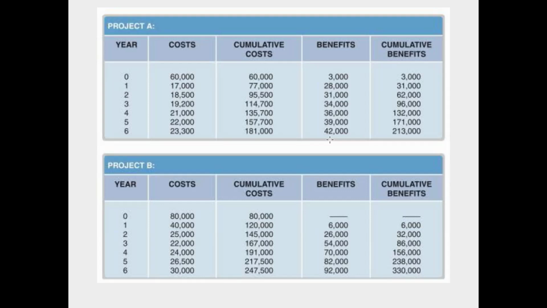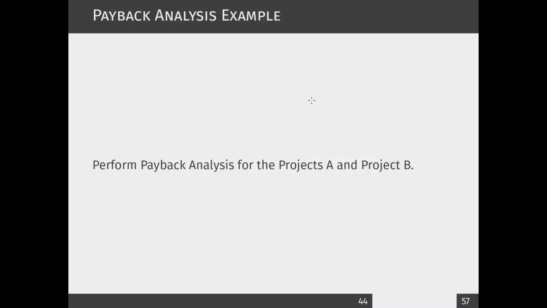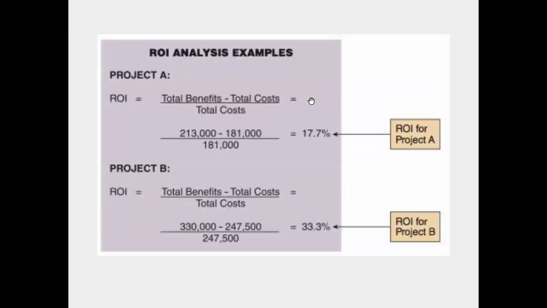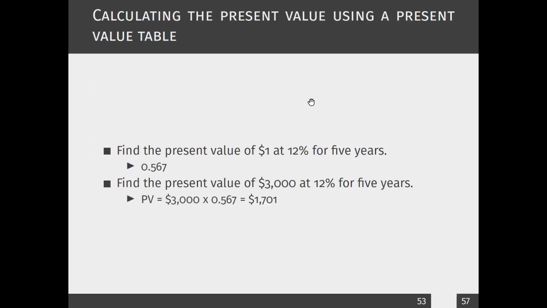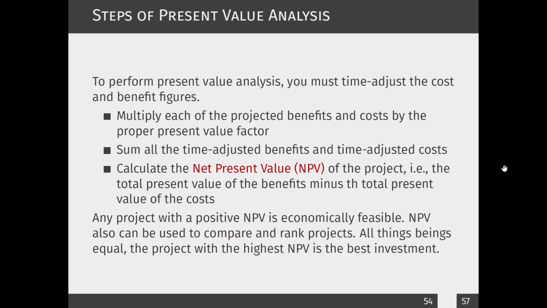Now in net present value, what we do is evaluate these values. What is the value as of today, with a particular interest rate? And then we can see whether it's really profitable. Once you understand how the calculations happen, we have to time adjust the cost and benefits.